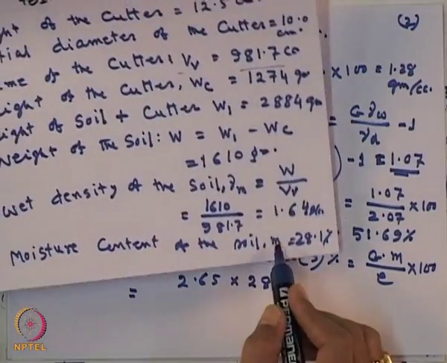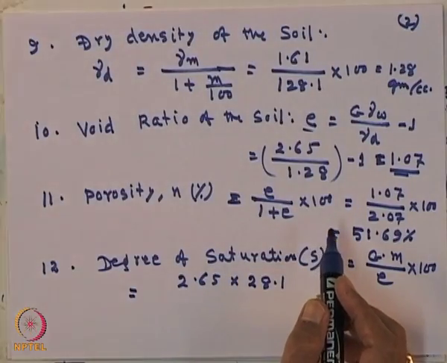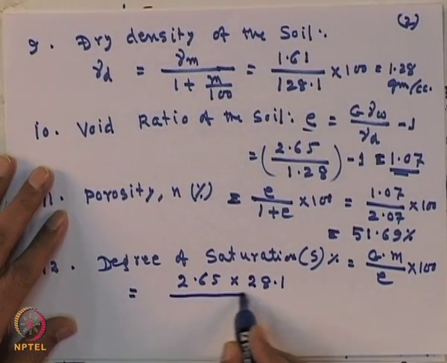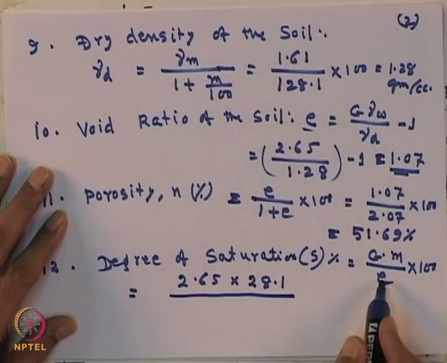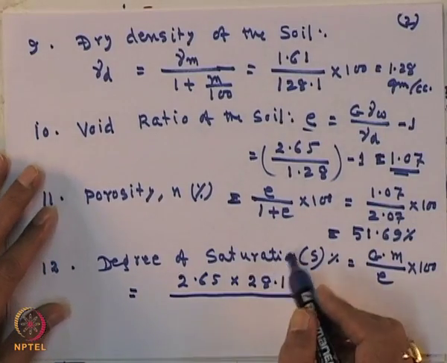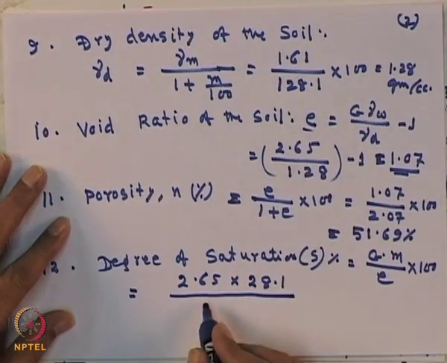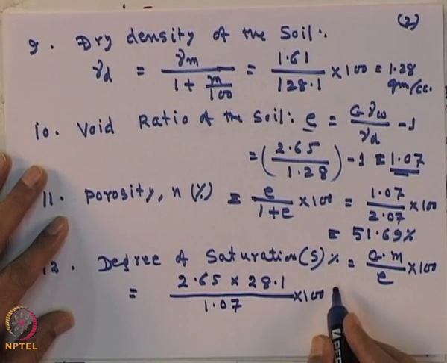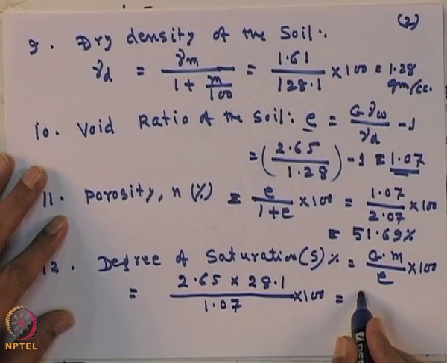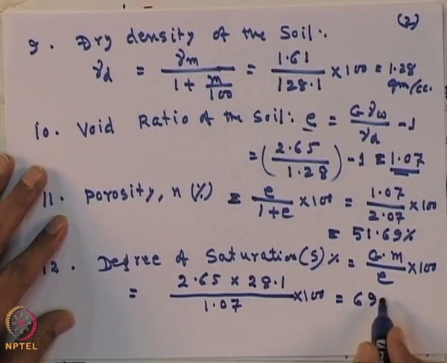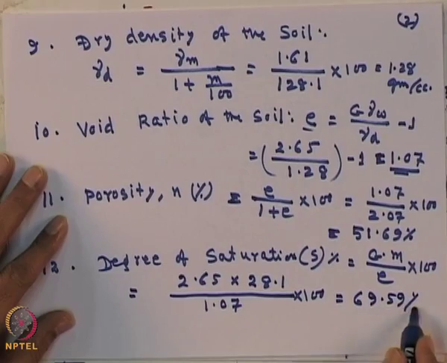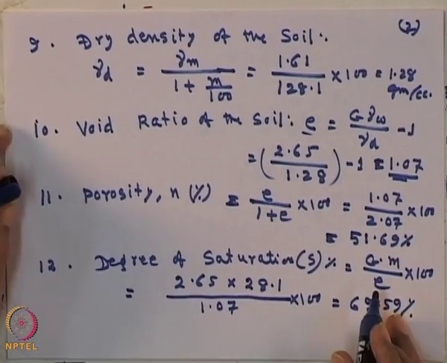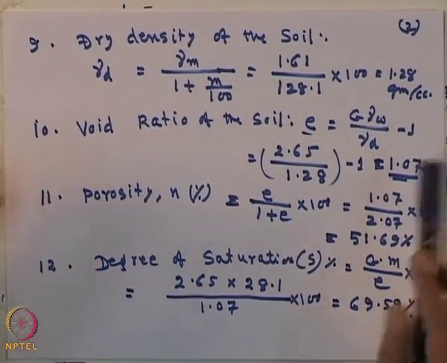So, 2.65 into 28.1 divided by e, which is 1.07, into 100. So, this degree of saturation will be about 69.59 percent.